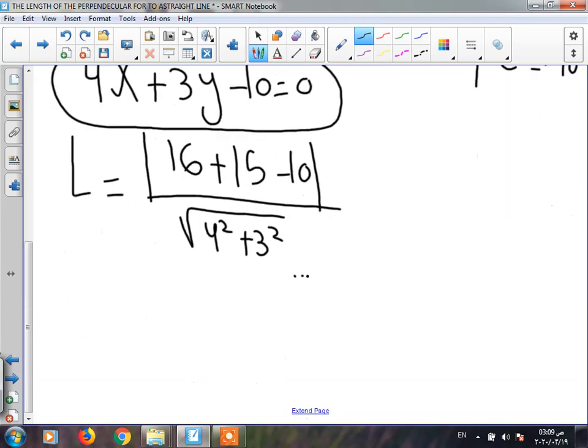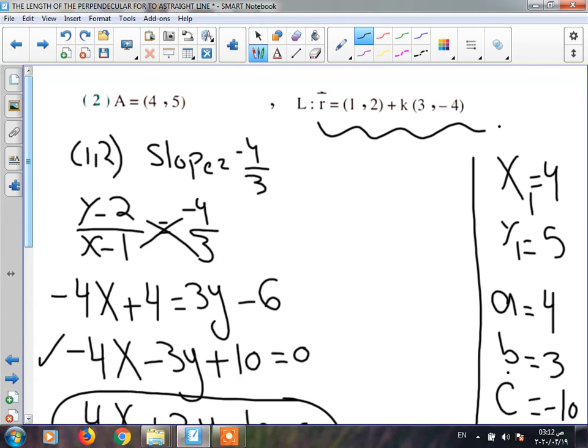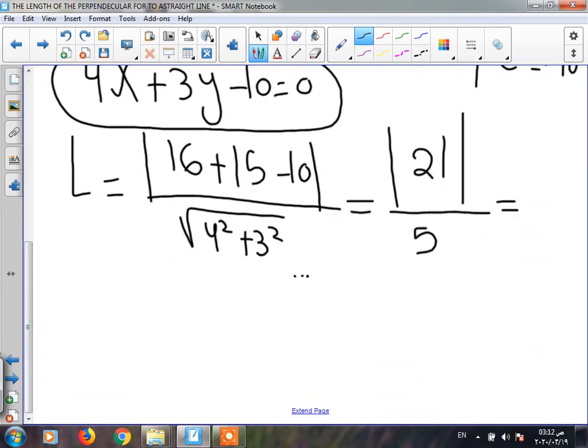It's going to be the absolute value of 16 plus 15, 31, minus 10, it's 21, over 5. So this will be 4.2 length units.